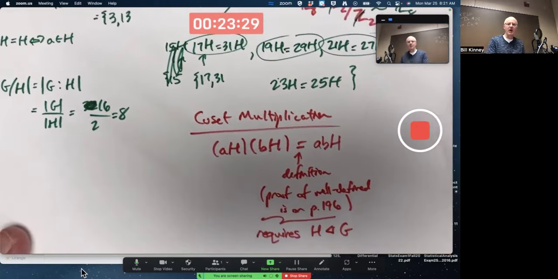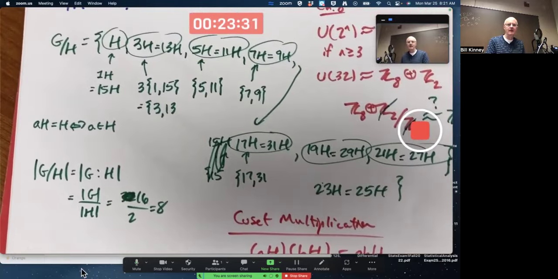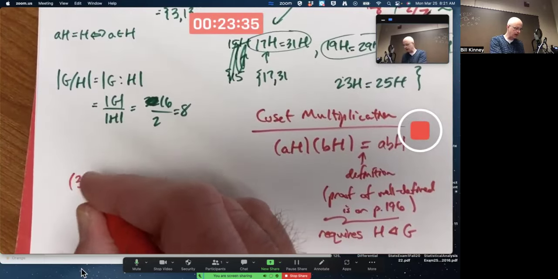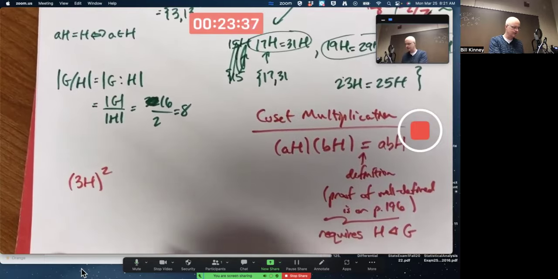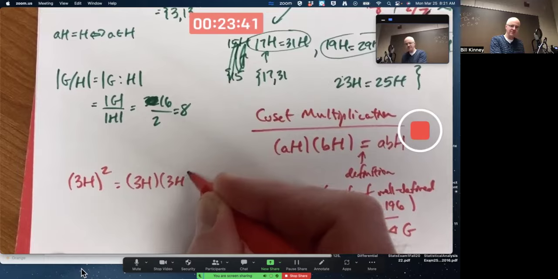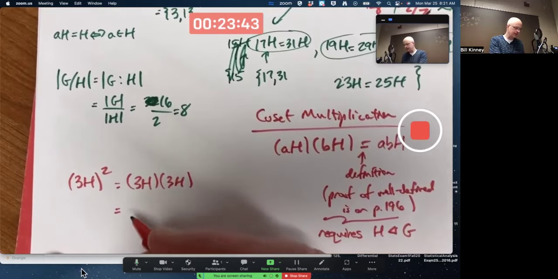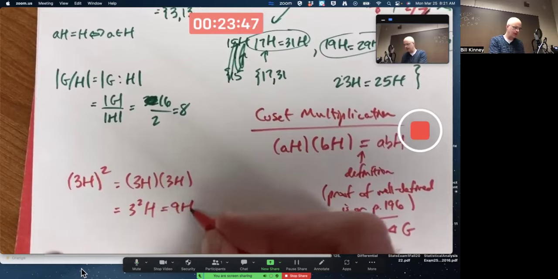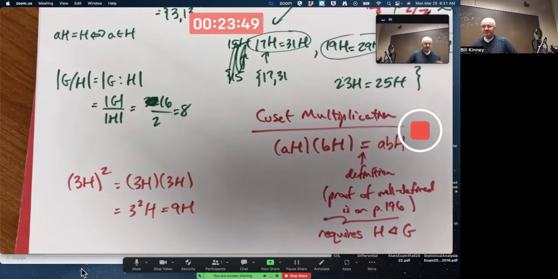So in the context of this problem, if, for example, we want to multiply 3H by itself, if we want to square 3H, you just multiply 3 by itself to get 9H. Is that the identity? It could be.